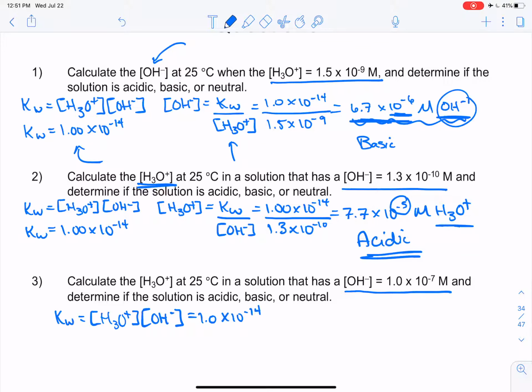So if one of those components is 1.0 times 10 to the negative 7, then the other one is going to be what, you guys?